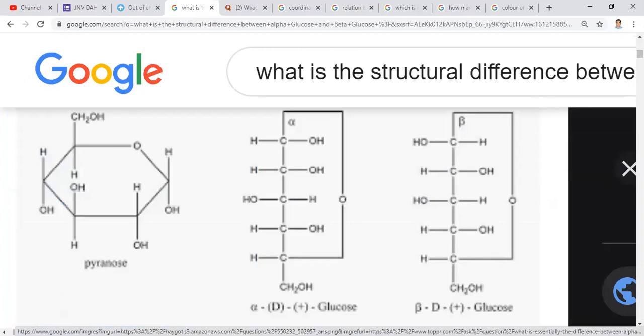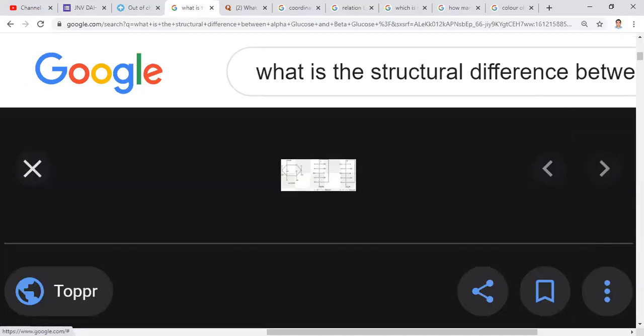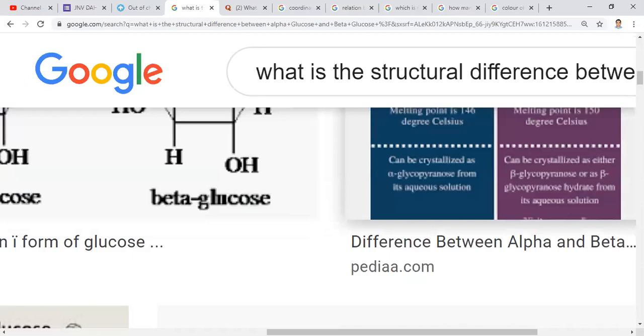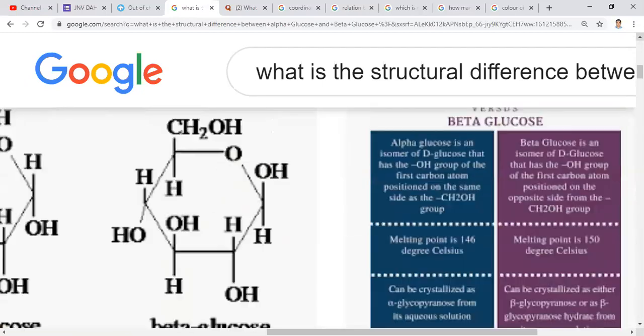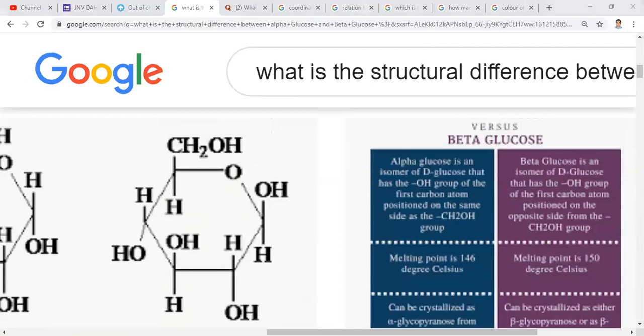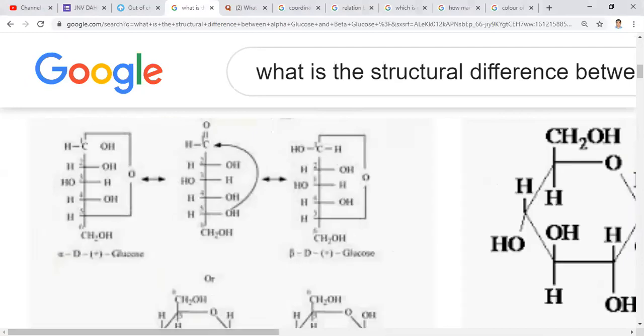You have alpha D glucose and beta D glucose. This is the carbon number 1, my dear students, and in carbon number 1, you can easily see that in alpha D glucose it is H-C-OH, but in beta D glucose we have OH-C-H.